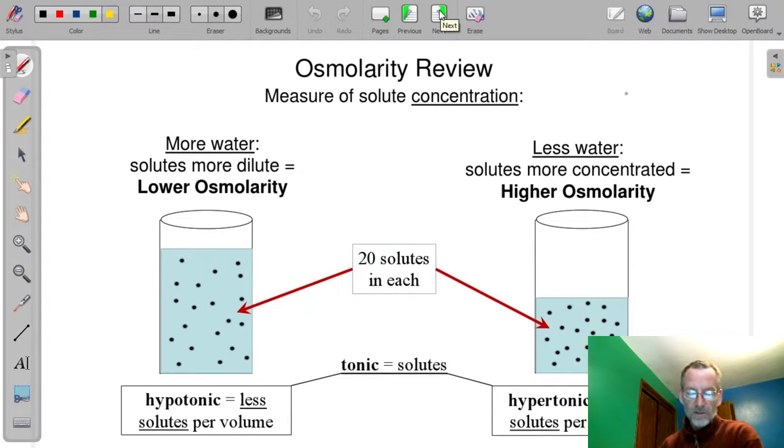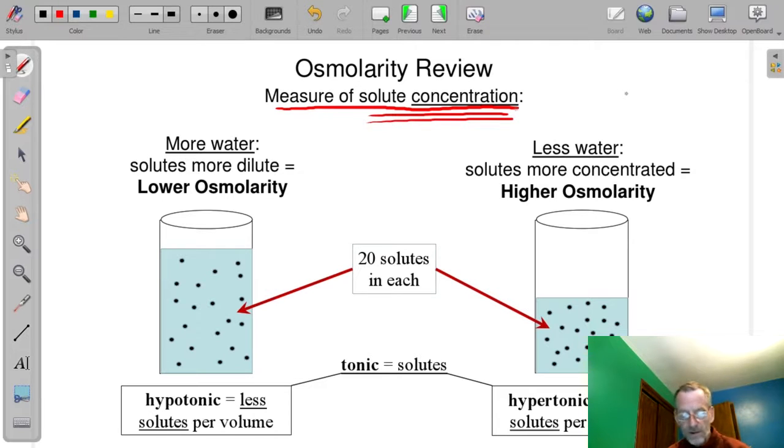This is on osmolarity. So this also is review. This probably takes you back to Biology 160. So osmolarity is a measure of the solute concentration.